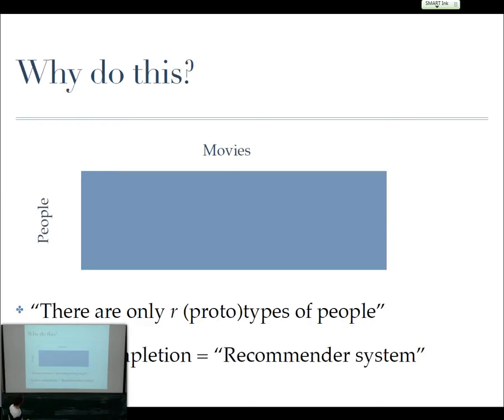Because it's applied, I should say a little about why you do this anyway. The canonical motivation is imagine you have some users and some movies, and the entries are how much they like the movie. Of course, if everybody is a unique snowflake, then nothing can be learned.